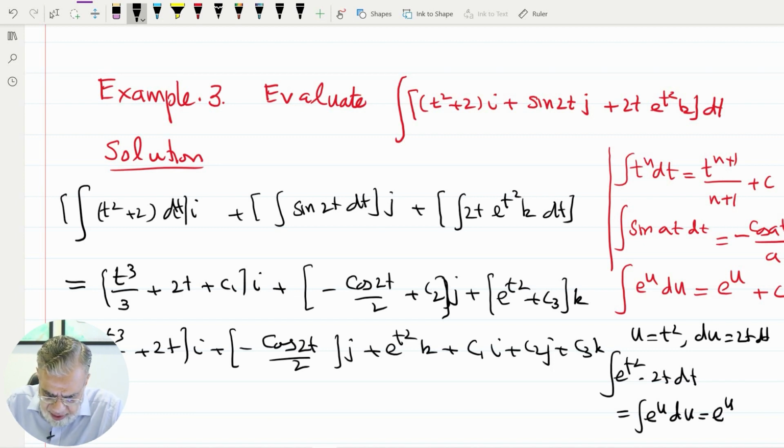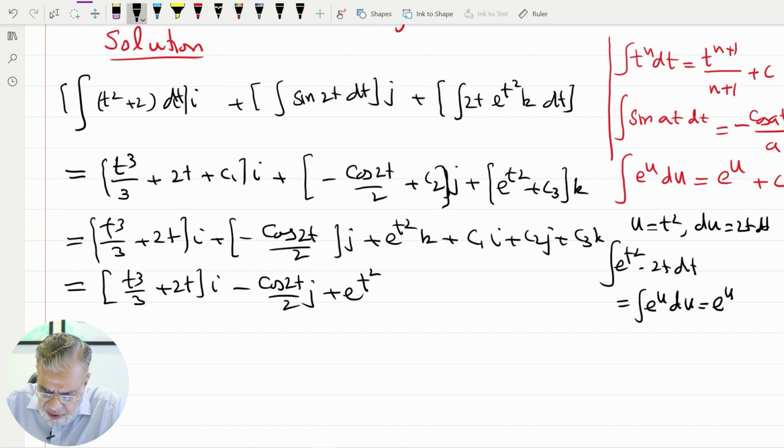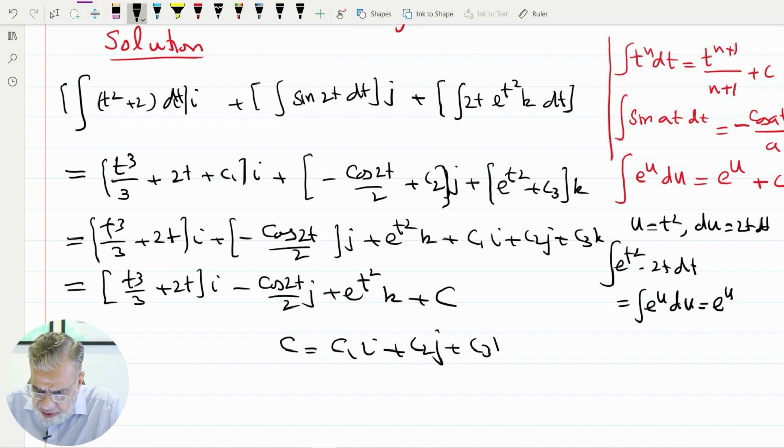So I can rewrite this one, and I can write here this equal to t cube by 3 plus 2t i minus cosine 2t over 2 j plus e to power t square k plus c. C is my constant. What's my c? My c is c1 i plus c2 j plus c3 k. So that's my integration of the function.